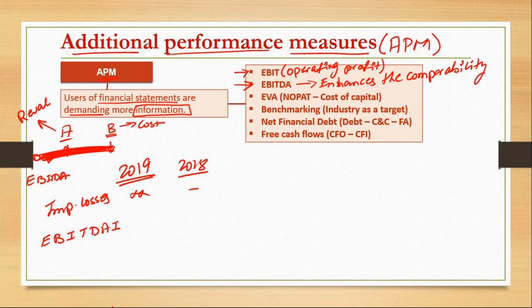Similarly, this impairment loss will not even be there in the next year, 2020. So it's a one-off item which creates a problem in analyzing the current year's performance and extrapolating the coming year's performance. So anything which creates a problem in comparability, we are going to remove, whether it's cash or non-cash.